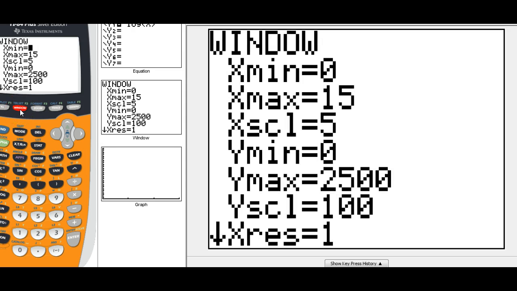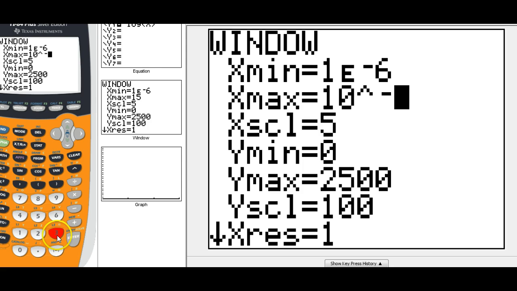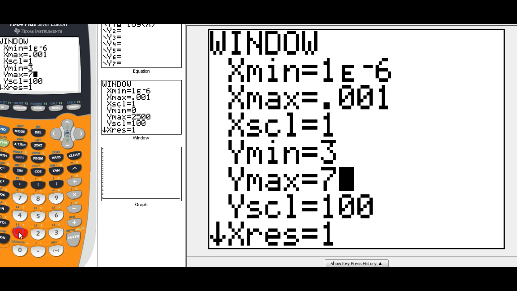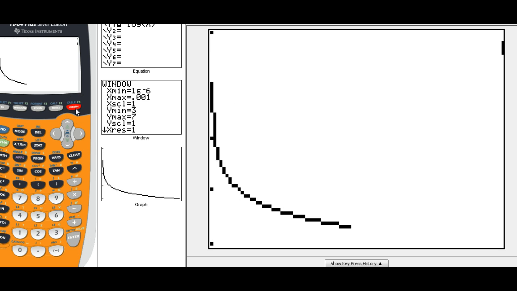So in our notes, x minimum is 10 to the exponent negative 6. X max is 10 to the exponent negative 3. The x scale is 1. Y goes from 3 to 7 by a scale of 1. Now if we hit graph, we should see our exponential function. Sorry, our logarithmic function.